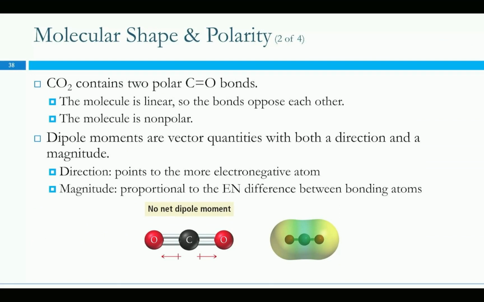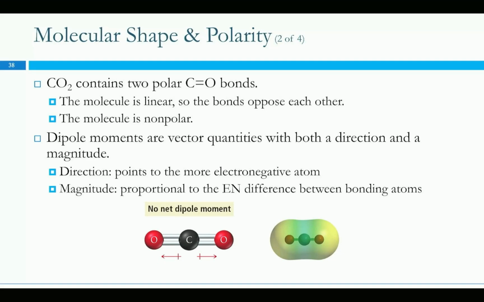Something like carbon dioxide: the carbon-oxygen bond is polar, but because I've got them on opposite sides, this is a linear molecule. Their dipole moment can be represented as a vector. So this arrow here: the tail is the positive end and the arrowhead is the negative end.